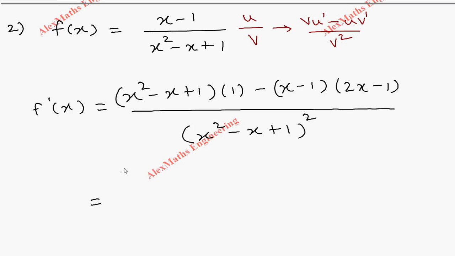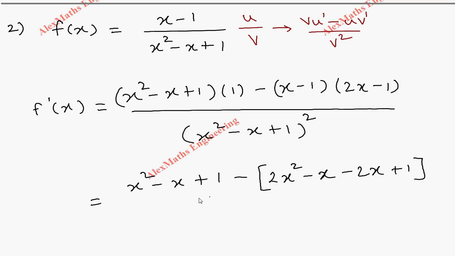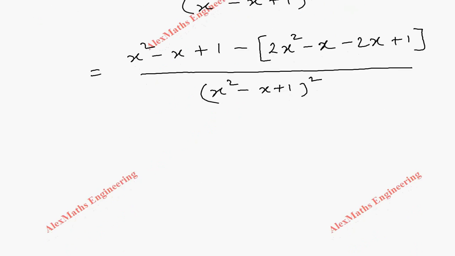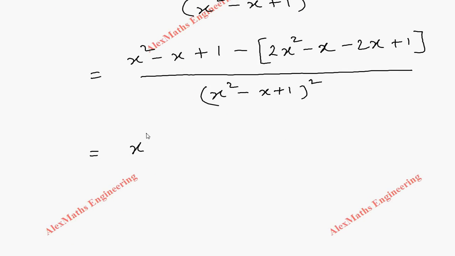Well, let's simplify the numerator. This is x square minus x plus 1 minus open bracket. By multiplying this, we get 2x square minus x minus 2x plus 1, whole divided by denominator as it is. Once again, in the numerator, the first terms are written as it is.